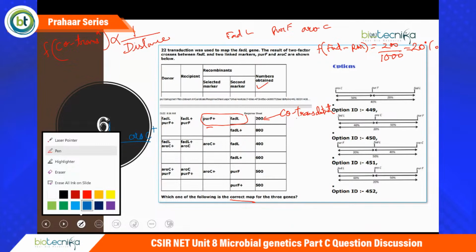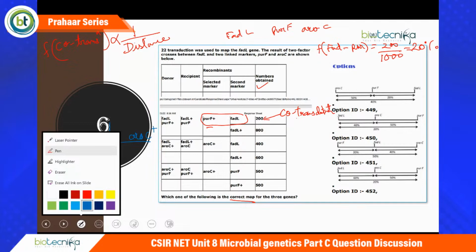So blue is the donor and red is the recipient. If co-transduction is happening, that means the recombinant will be FADL and arrow C plus. So FADL and arrow C plus means this 400 is the number of co-transductants. Again we get this, so we can calculate the co-transduction frequency between FAD and arrow C.